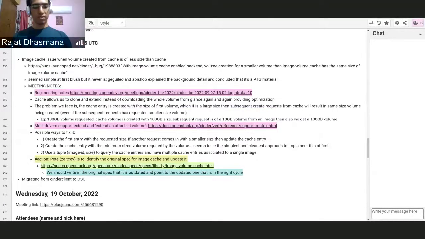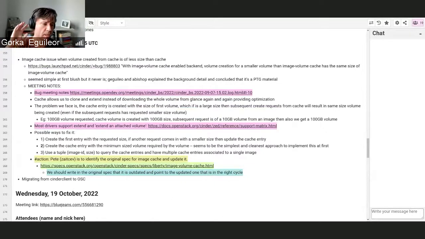But even if you change the old spec, it is still in the same directory, like the Liberty one, so it should get updated. Like not show up in master again, and we don't have a new one. That's what I don't agree with. I think we should write in the original one, this spec has been superseded by, and point to the new one.